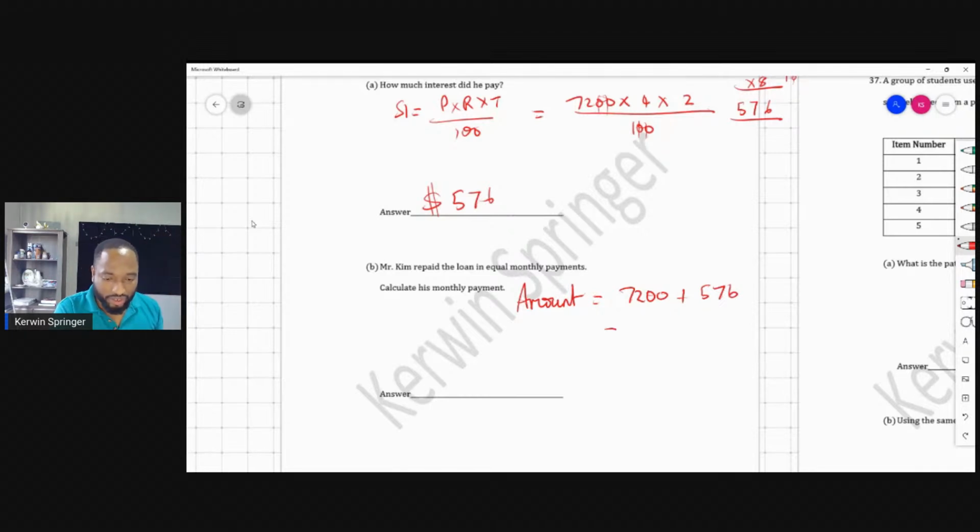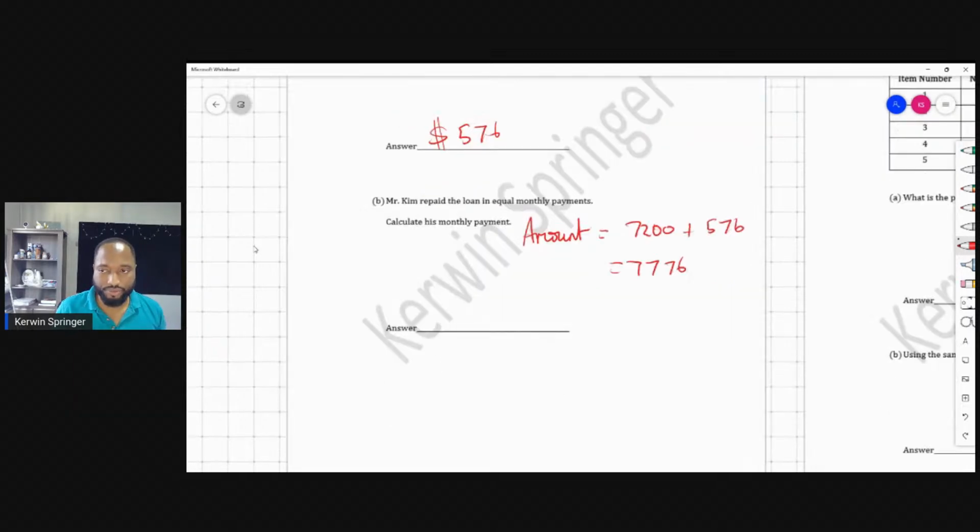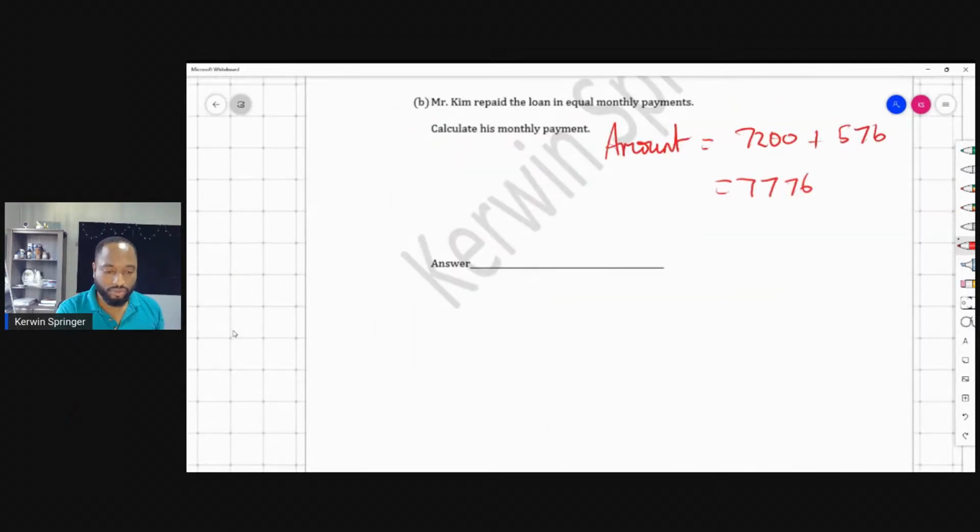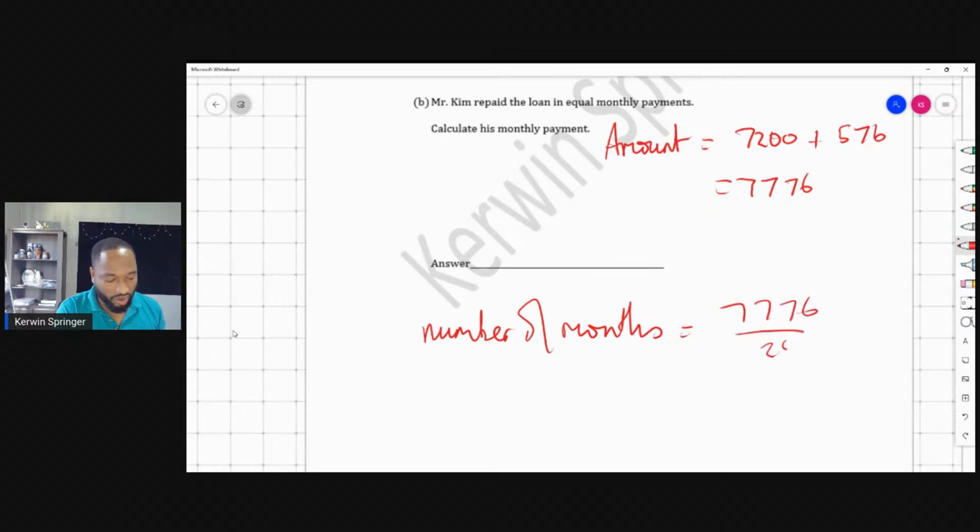When I add that up, I will get 7776. And I need to divide this by the number of months. The number of months is 24. So the monthly payment is going to be equal to 7776 divided by 24. I'm not going to waste time on this. And what will that be?